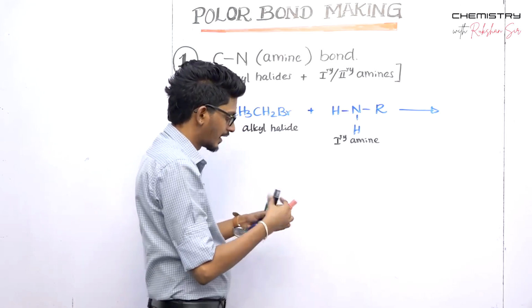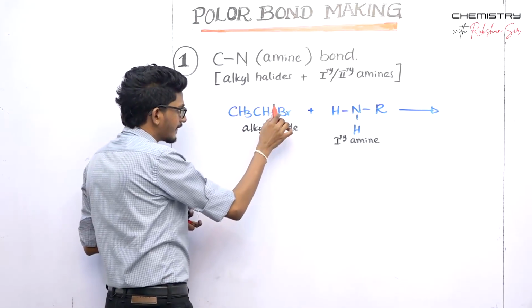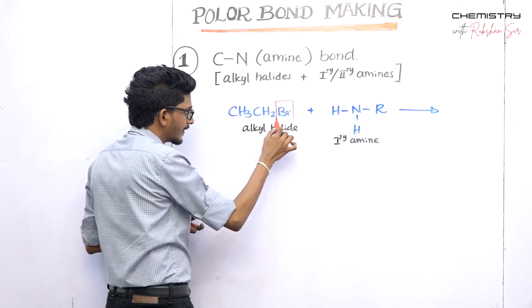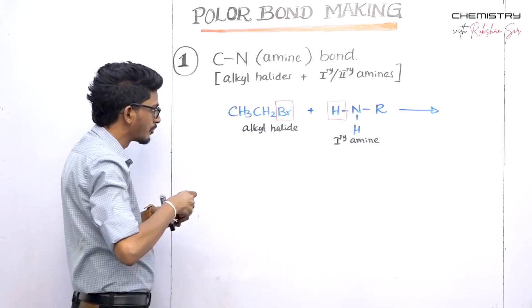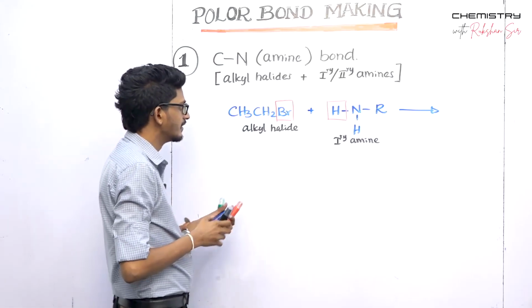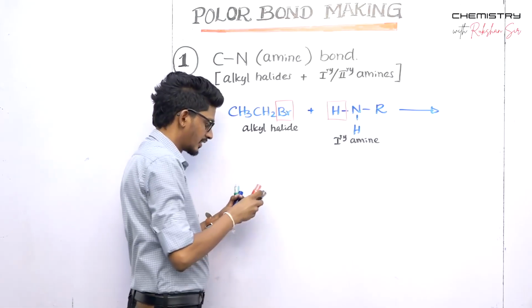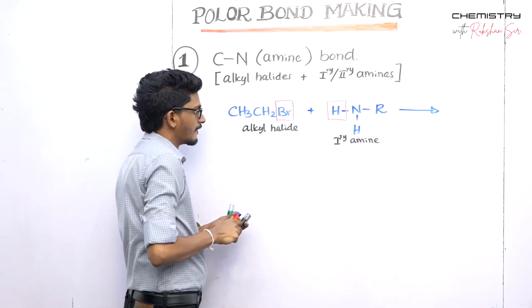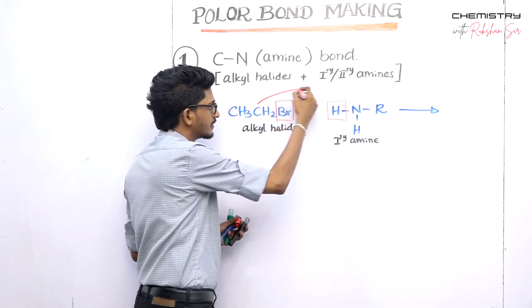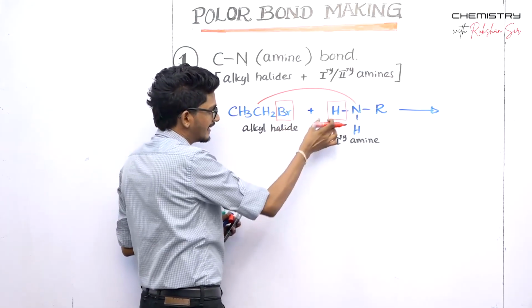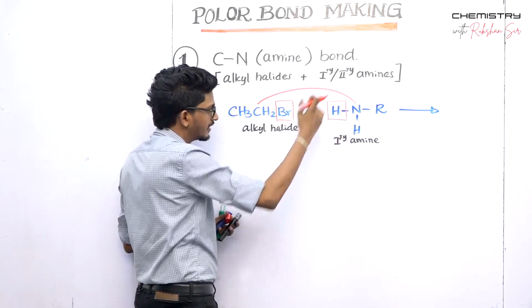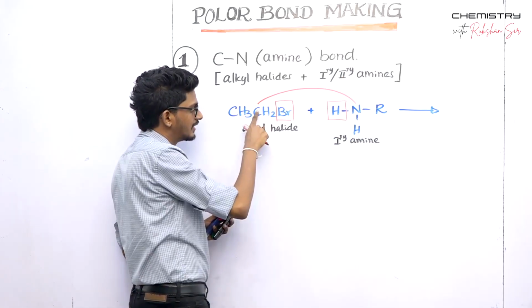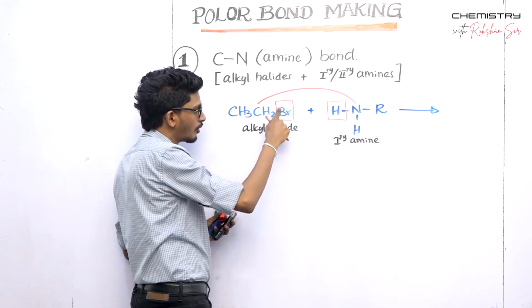So what will happen is this small HBr molecule will release, and this nitrogen will connect with this carbon. This nitrogen leaves one of its bonds with hydrogen, and this carbon leaves one of its bonds with bromine.